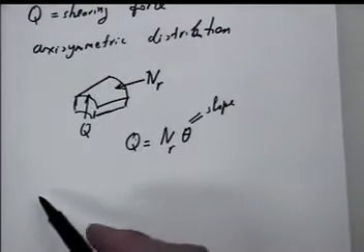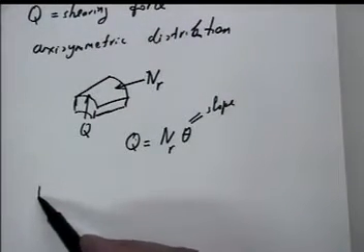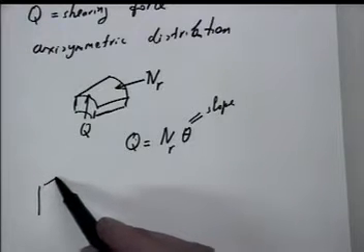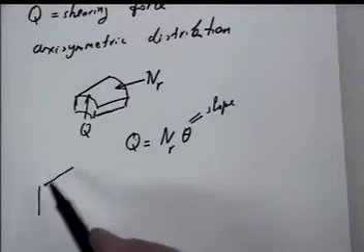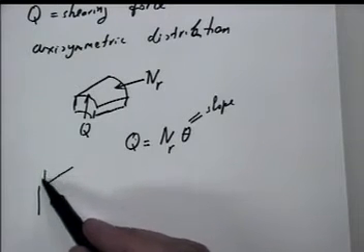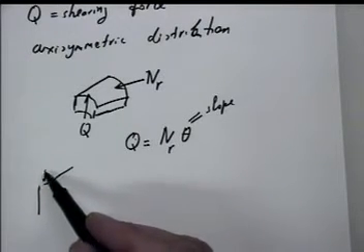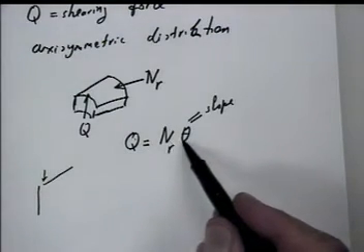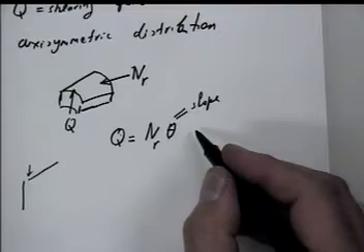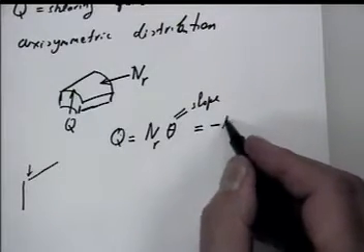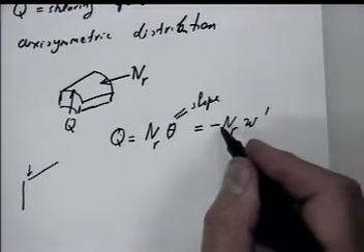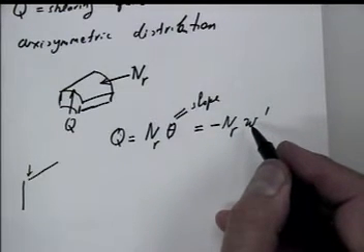So we get Q equals NR times theta, or this equals minus NR times W prime, because theta equals minus W prime.